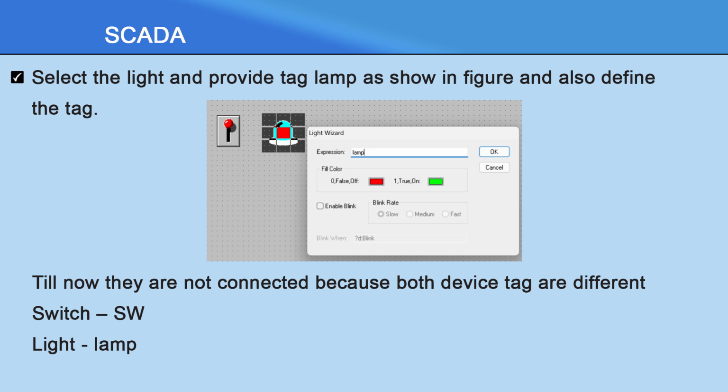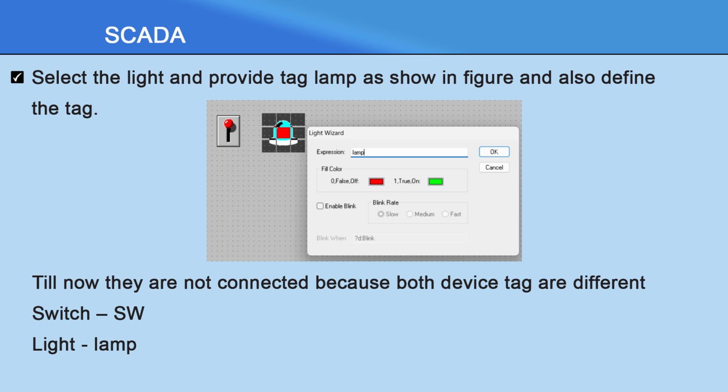Here you can also choose the fill color of your choice. For the 0 or off condition I have chosen red, and for the 1 or true or on status I have chosen the green color. Like I have said, you can also use a blinking effect, like in an alert when you want to give the siren for any fault condition or for any accident.